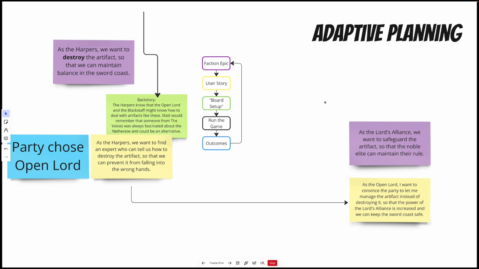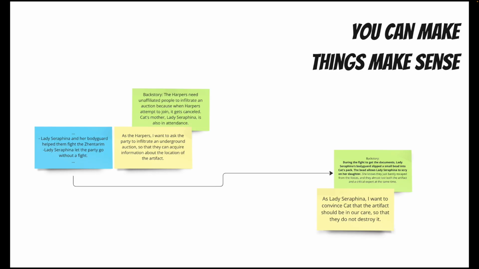I would have created epics for the Lord's Alliance instead, and then figured out how to get the Voices on board through other means. I hope I also was able to demonstrate that by setting up the backstory for each scenario, you as the DM can make almost anything make sense without disregarding the agency of your players.